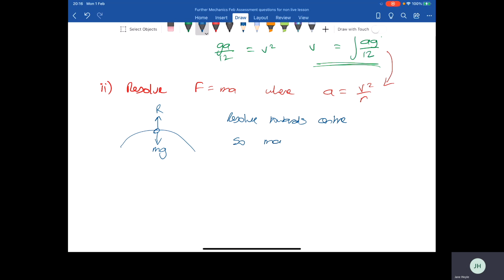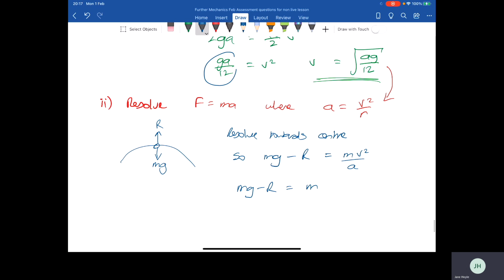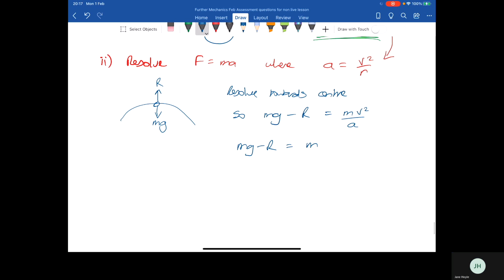So mg acting towards the center minus R acting away from the center is equal to m v squared over r, little r, the radius of our circle, is a. mg minus R is equal to m times v squared, so that's just ag over 12, and then I've got that other a underneath as well.